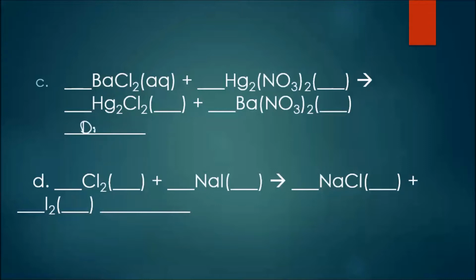All right. Ba 1, Ba 1, Cl 2, Cl 2, mercury 2, mercury 2, nitrate 2, nitrate 2. Oh, okay. All right, let's do this one. Mercury 2 chloride, solid or aqueous?